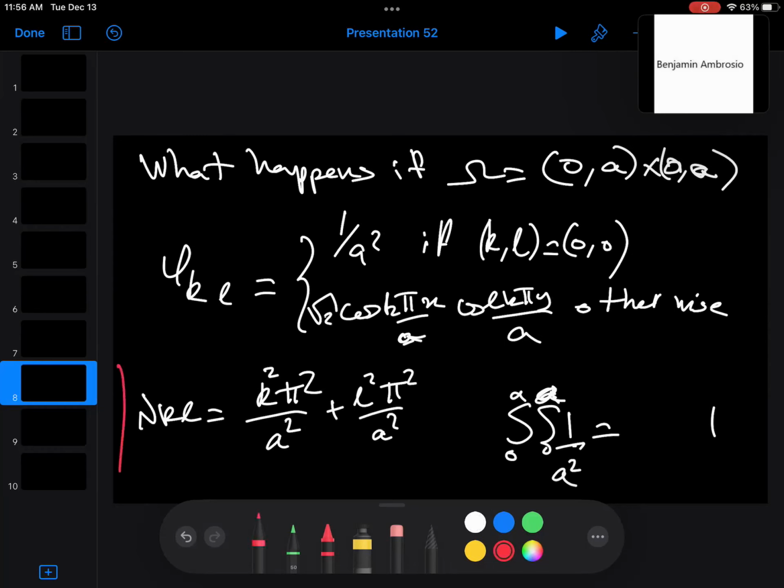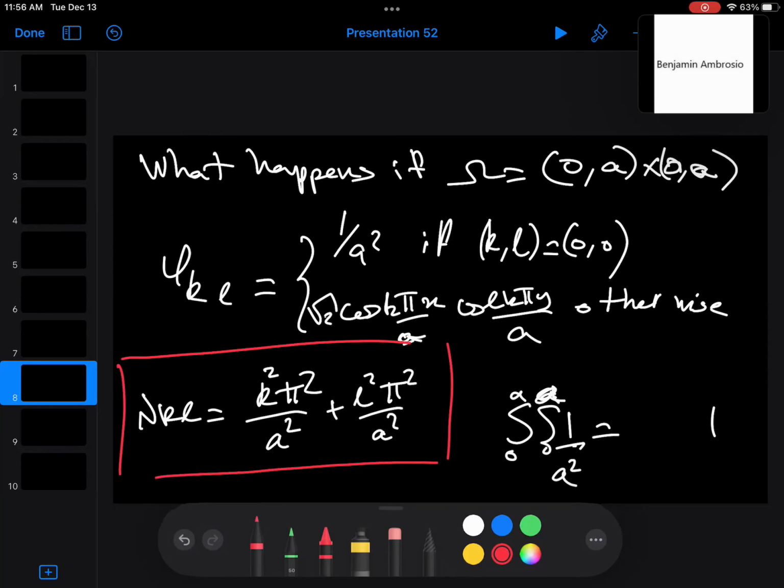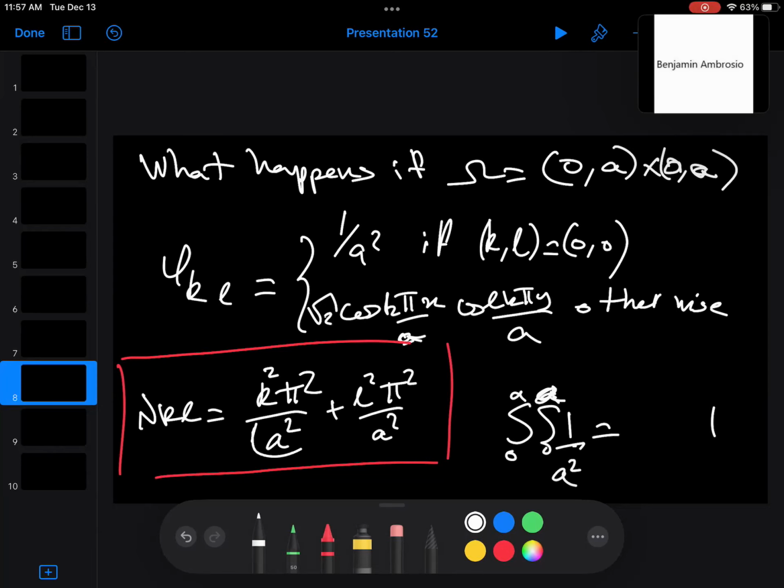So what I wanted to emphasize is that you can see here that the eigenvalues are inversely proportional to the size of the domain. That's a result here.